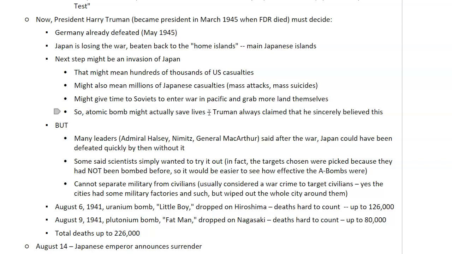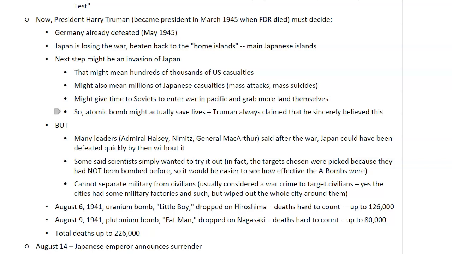The sun is a kind of gigantic atomic bomb, but constantly going off in a way. The Japanese are still trying to figure out what hit them. They do not at first realize this is an atomic weapon. On August 14th, the Japanese emperor announces that they've had it and Japan is surrendering.